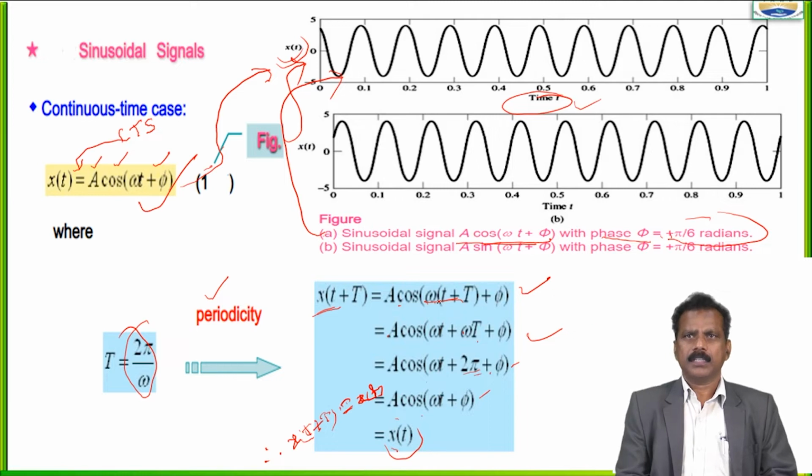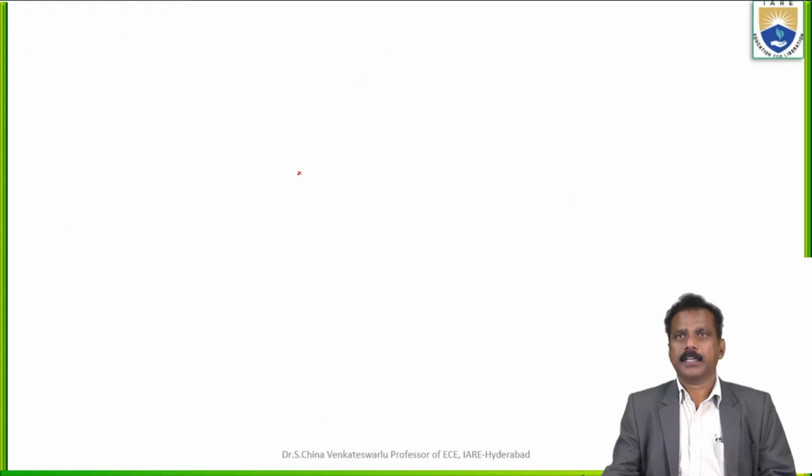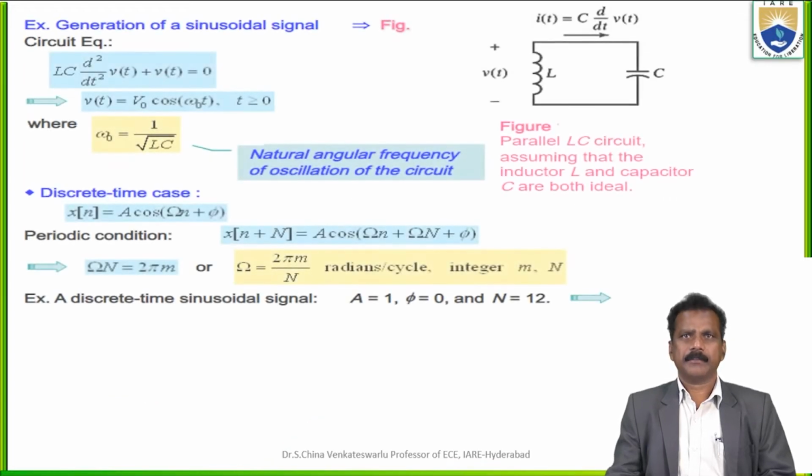For the sinusoidal signal A cos omega t plus pi with phase pi by 6 radians, here you can consider t versus the continuous time signal x of t. Like this it is specified.